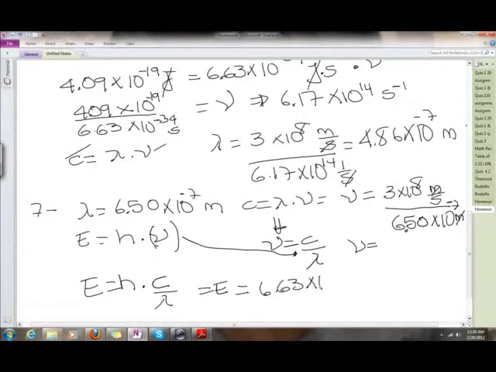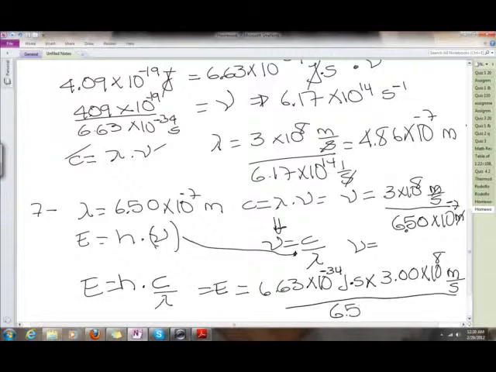So the energy of a photon would be equal to 6.63 by 10 to the minus 34 joules per second, multiplied by 3.00 by 10 to the 8 meters per second, divided by 650 by 10 to the minus 7 meters. Remember, you can do this directly, or you can do it this pathway too.